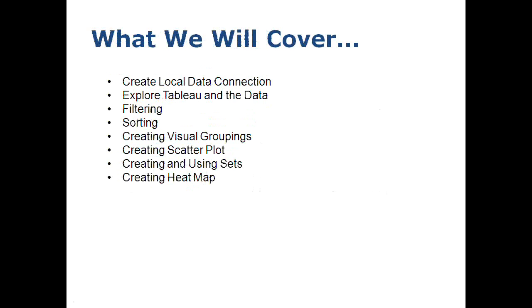So how to create the connection, how to explore the data, how to build, how to apply the filters. We talked about context, in which way you apply the filter to the region, and then how you edit the headers, how you edit the tooltip, and then what the sorting conditions are, ascending, descending, or by value, how we apply the sorting. And then we have visual groupings.